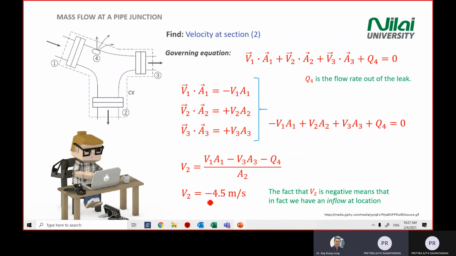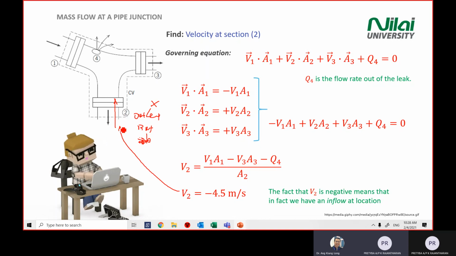So in this case we get a negative. Negative means the velocity is going in at point number 2. So you have an inflow from number 2, meaning number 2 is not the outlet. It's not an outlet, but it is the inlet. Or it's not an inlet, but you claim that you have a backflow at point number 2.